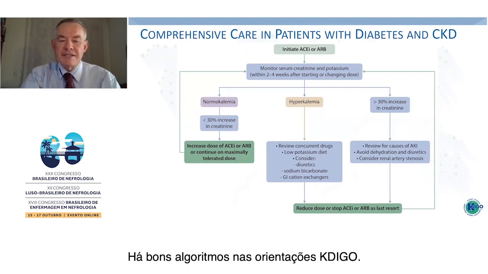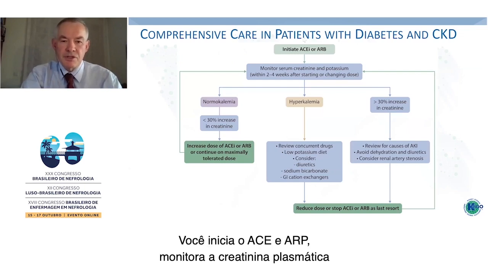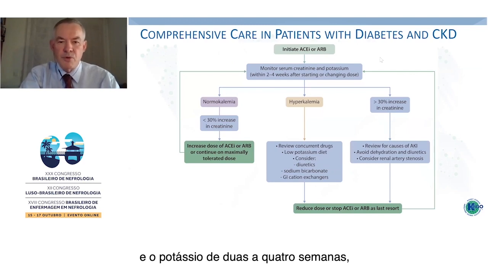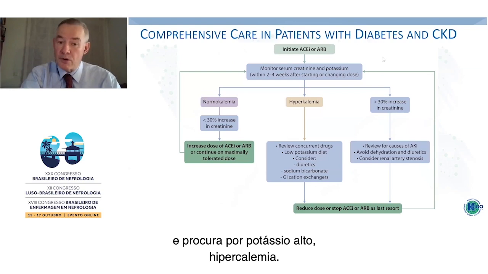And there are nice algorithms in the KDIGO guidelines, which are good to study. You initiate your ACE inhibitor or ARB, you monitor serum creatinine and potassium within 2 to 4 weeks, and you look for high potassium, hyperkalemia.